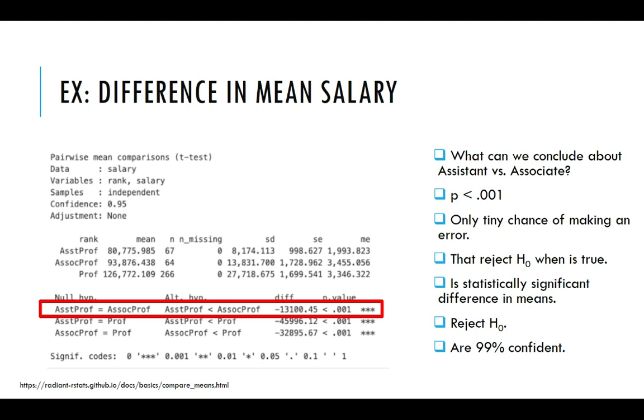Going back to our hypotheses, we are saying that there is a lot of statistical evidence to suggest that associate professors make more than assistant professors. Let's look at the column called diff. We see that the difference in salaries is $13,100-ish. So what we're saying is that difference is big enough to be considered statistically significantly different. It is not due to chance in terms of our samples.